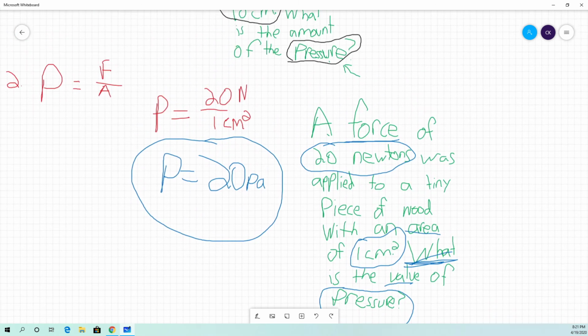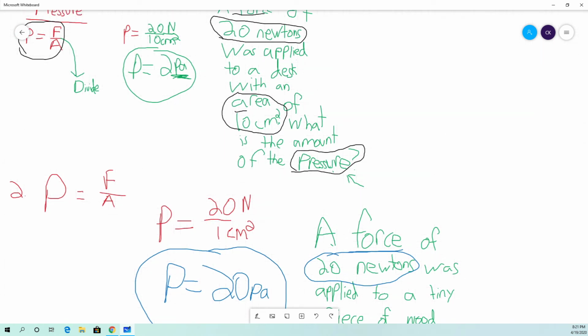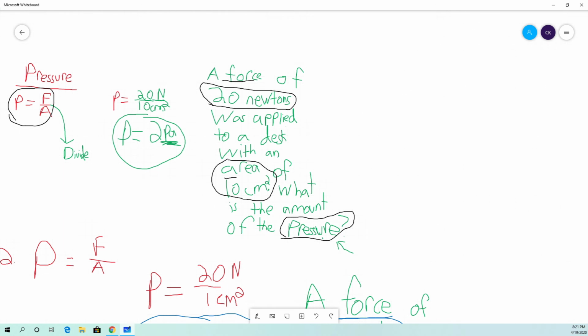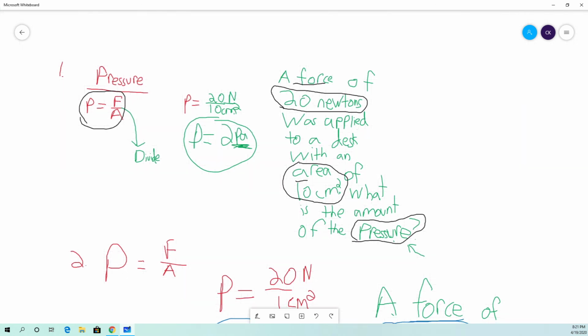Before I go, I want to show you what we were talking about in the video and what we were talking about last week, but with numbers. So if you look at the first problem, I have a force of 20 newtons. I have an area of 10 centimeters squared. My area is pretty big in this problem.